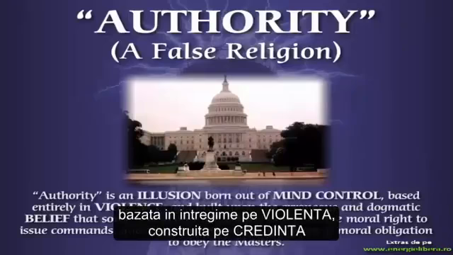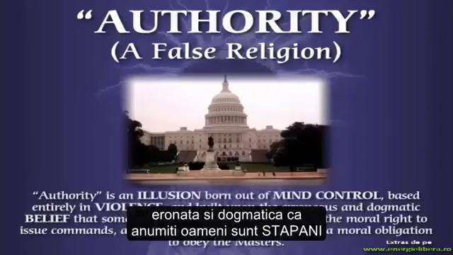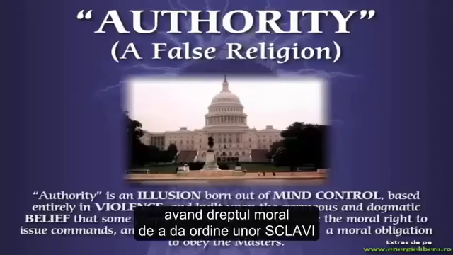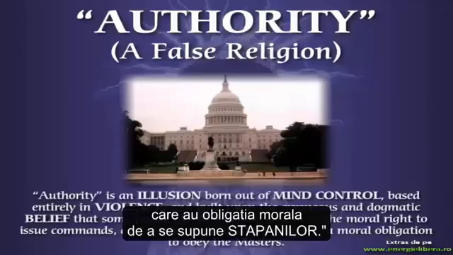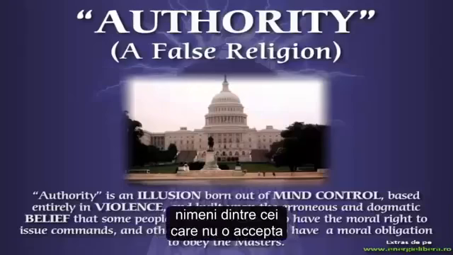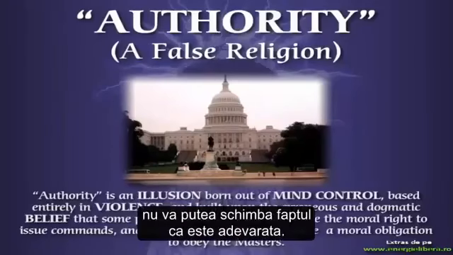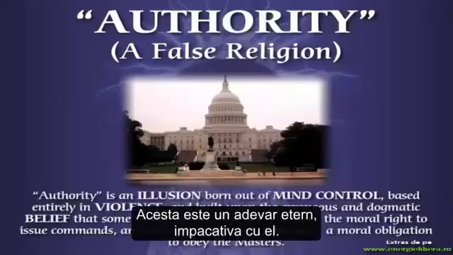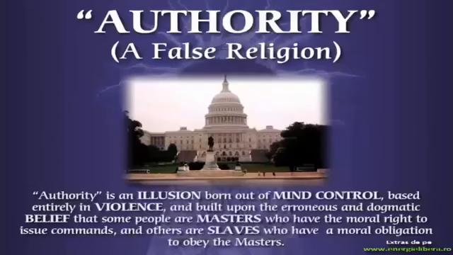It is based entirely in violence, and it is built upon the erroneous and dogmatic belief that some people are masters who have the moral right to issue commands, while other people are slaves who have a moral obligation to obey the masters. Now, I don't care whether you accept that or not. You could accept that or not accept it. No amount of not accepting it is ever going to make that statement untrue. That is eternal truth. Deal with it, or don't, but it's true nonetheless.